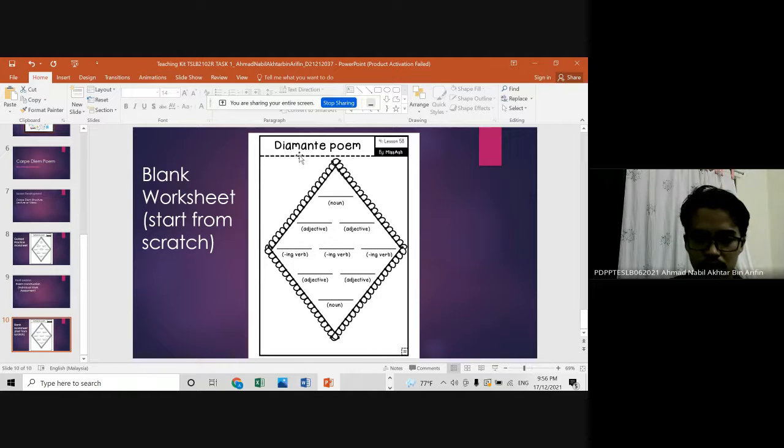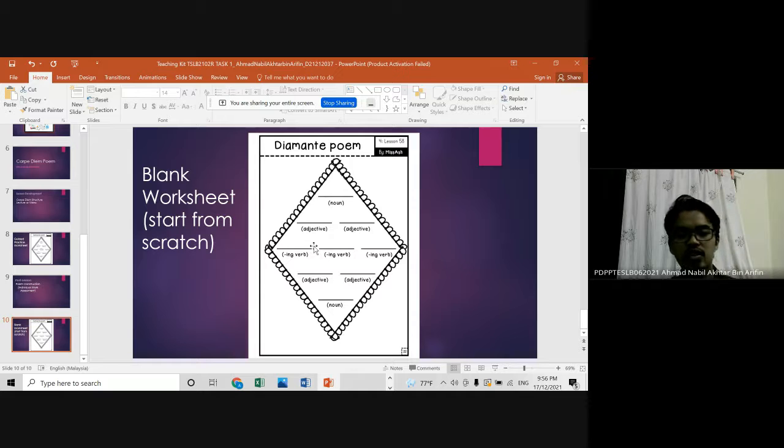For example, if the teacher wants to teach the topic of animals, surely the noun here would be animals. The students will write the animals in the noun space here. So all of these will involve animals.